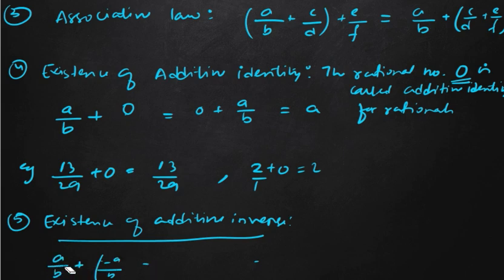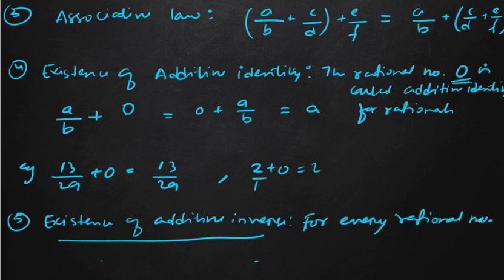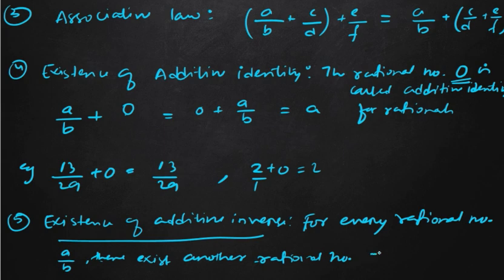Okay, so if we see the definition, for every rational number a by b, there exists another rational number minus a by b.